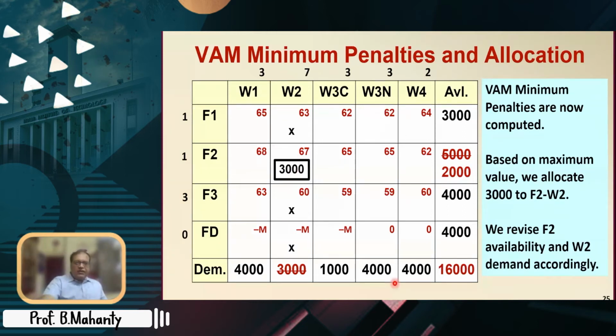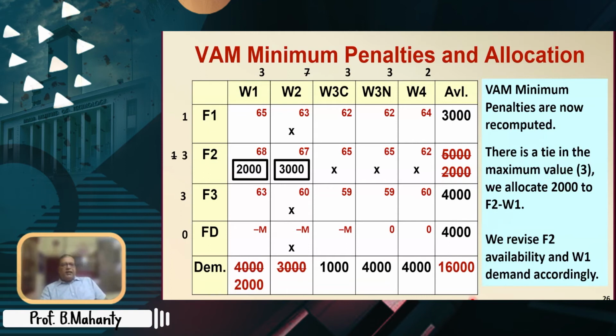Now after first entry, then comes the second. So we revise the penalties again, and this time we see a series of 3s, and then we choose one of the 3s, and then we see that this is the best possible square. So we make an entry of 2000, and then this 2000 is crossed, and this 4000 becomes 2000.